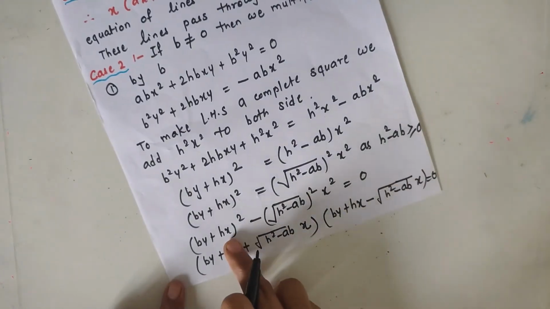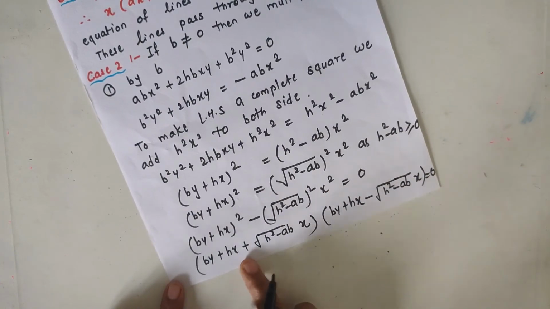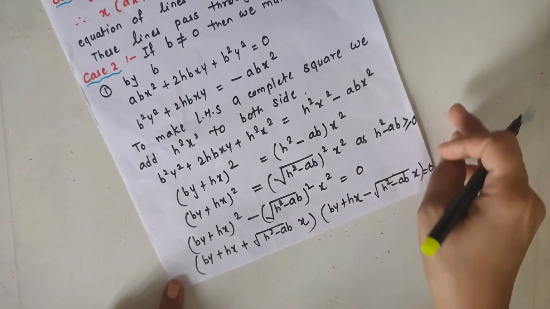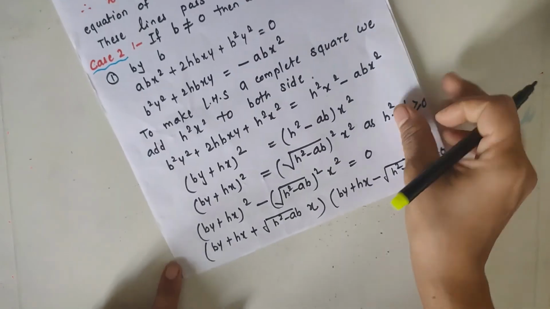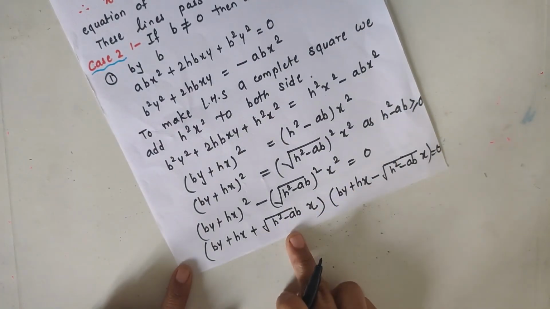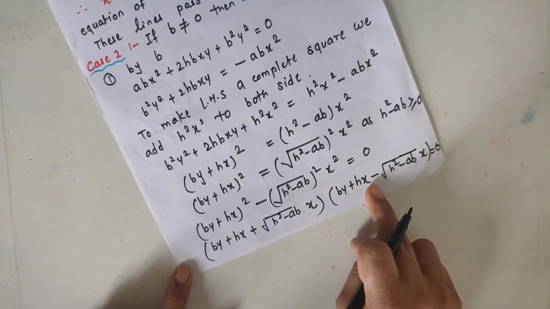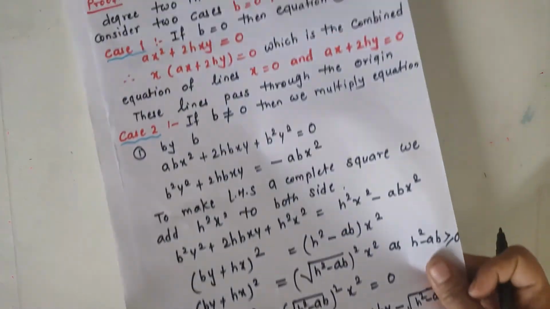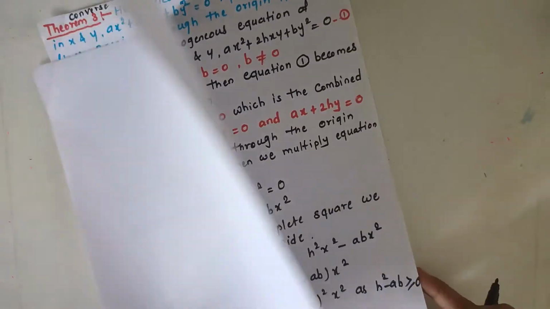So by using a square minus b square, we get the two factors of this equation, and these two equations are the combined equation of two lines.